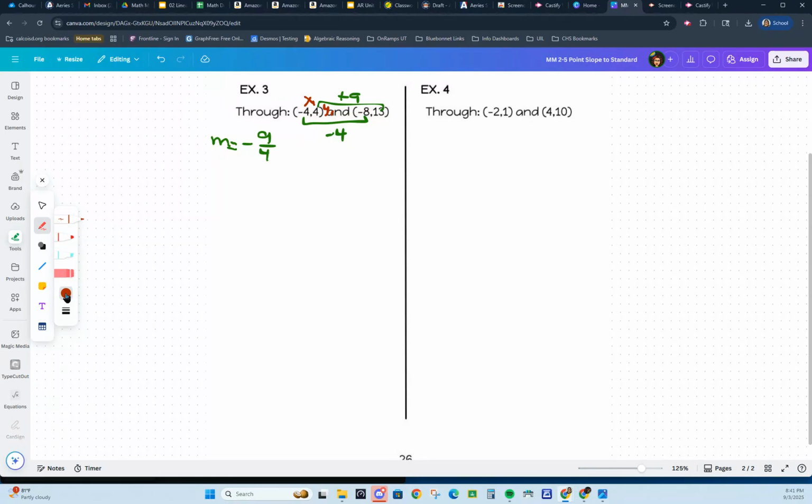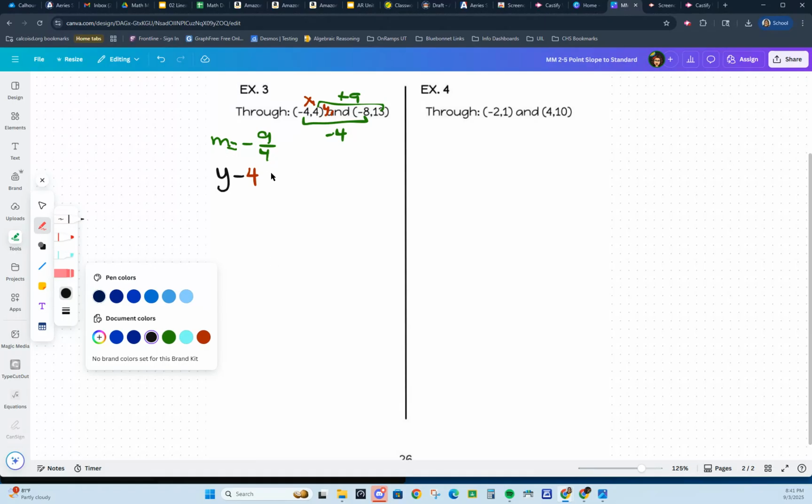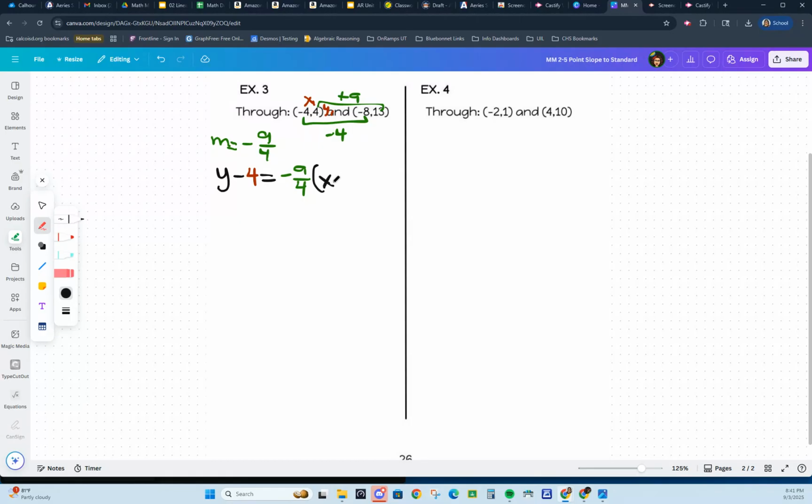So when I go into my equation, start with point slope, y minus 4 equals our slope, which is negative 9/4, times x minus a negative 4. Now we already have a negative there, and then the point had a negative 4.